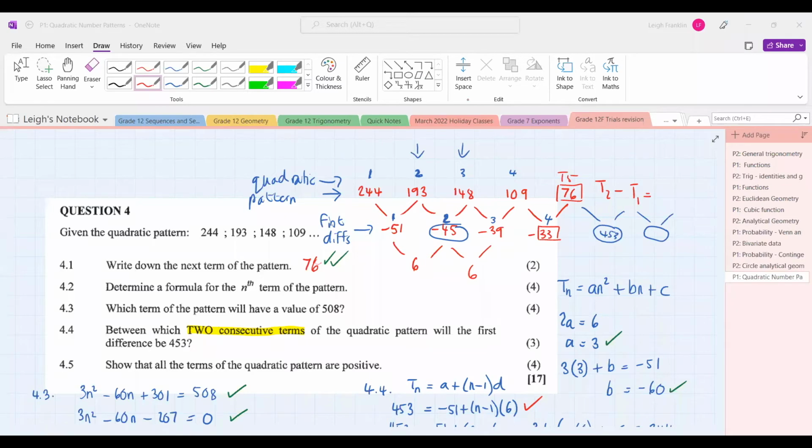No, not using sigma notation, because sigma notation is for a sum and we're not adding anything here. So what they're saying is that none of the outputs in our quadratic pattern can be negative. They're all positive. How would we show that? Any ideas?